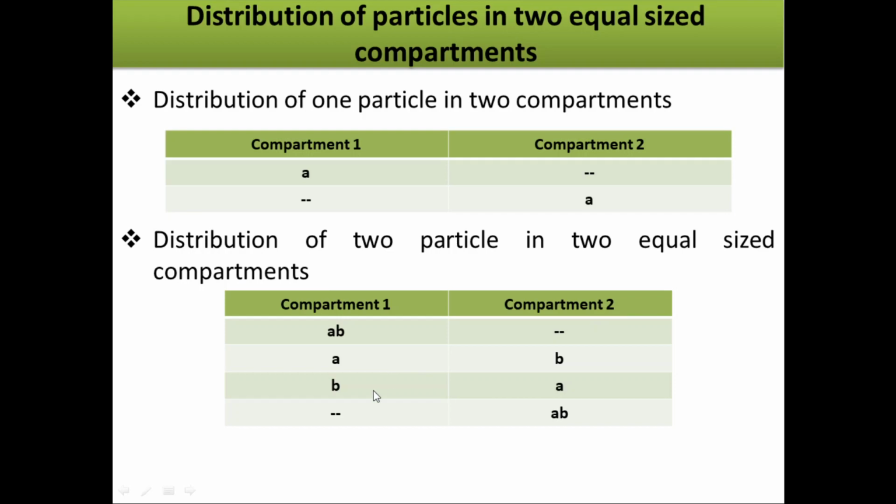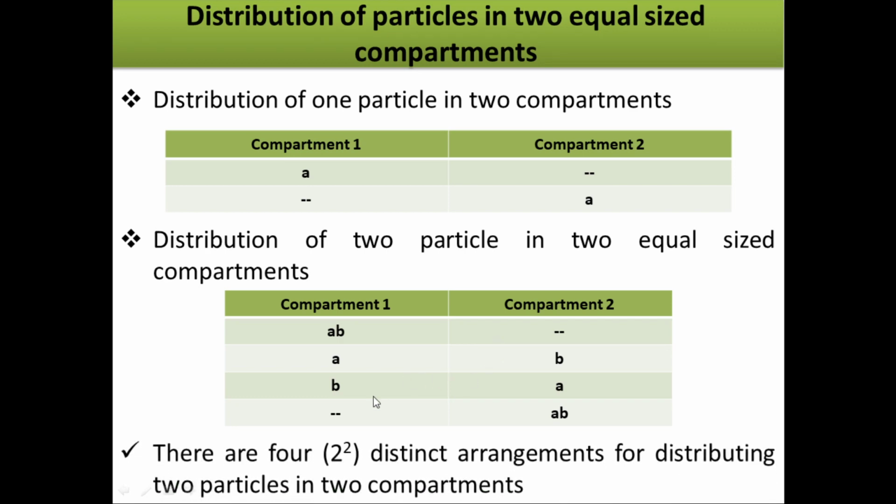Third, if particle B is in compartment 1, then particle A will be in compartment 2. And fourth, compartment 1 is empty and both particles are in compartment 2. In this way we can arrange the two particles in two equal sized compartments.